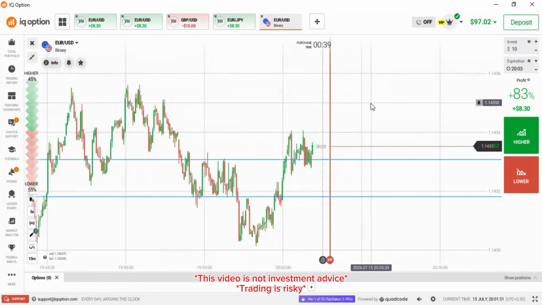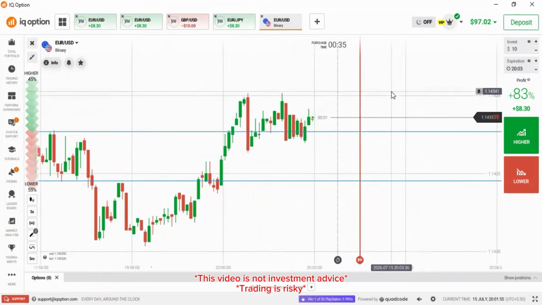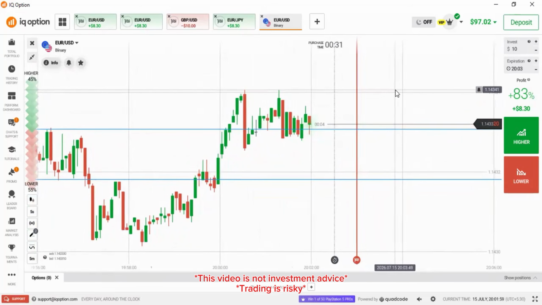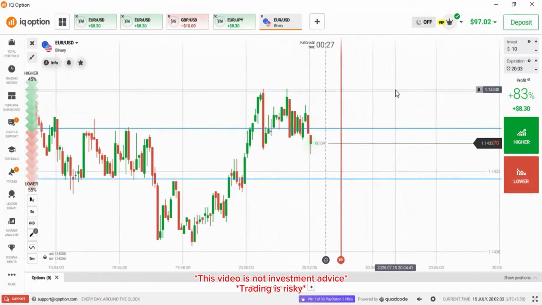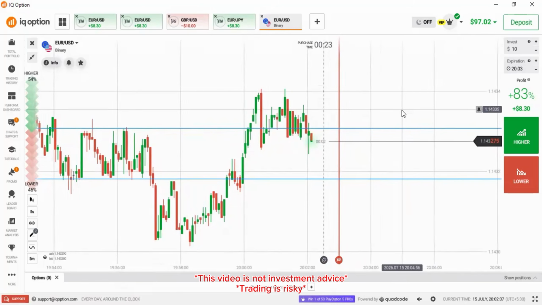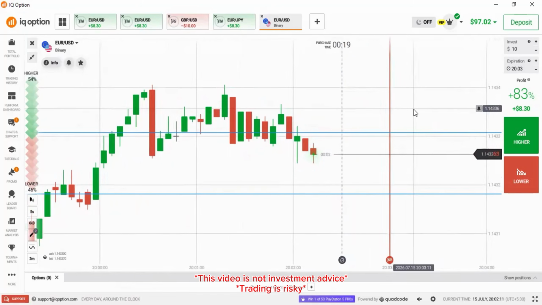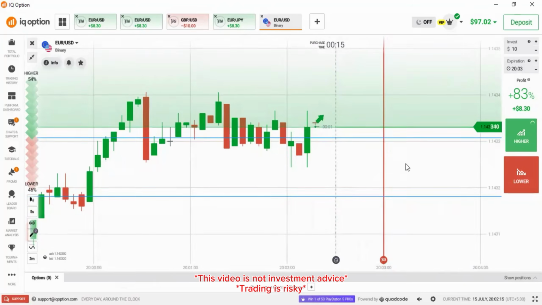Okay, there is a hammer candlestick. Okay, there is an engulfing pattern.